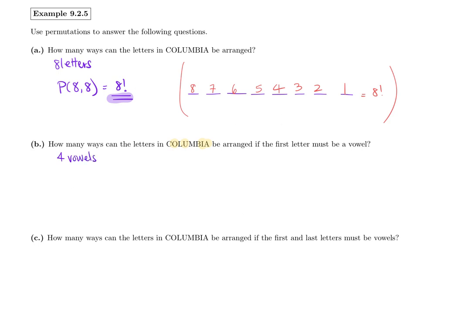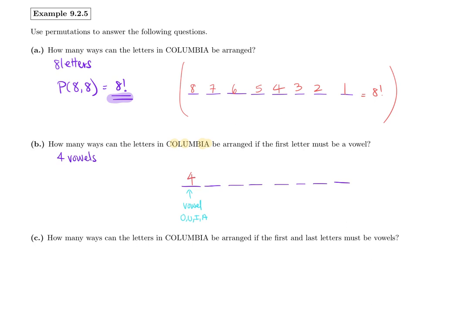And so the way we're going to think about it is, in this case, we still have our 8 spots, but now we only have the vowels for the first one, which are O, U, I, and A. So there are only 4 ways to choose that first letter.